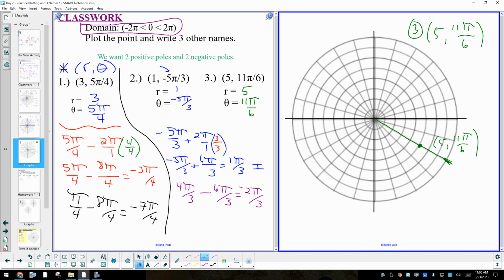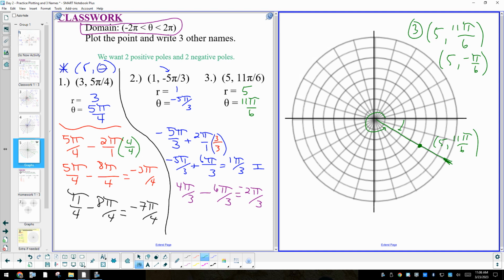Is that good? All right, now we want, let's stay here. So the green, that's the 11 pi over 6, right? And then I want, what's the negative angle, right? So now you could do the, what's the negative going to be? Negative pi over 6, right?